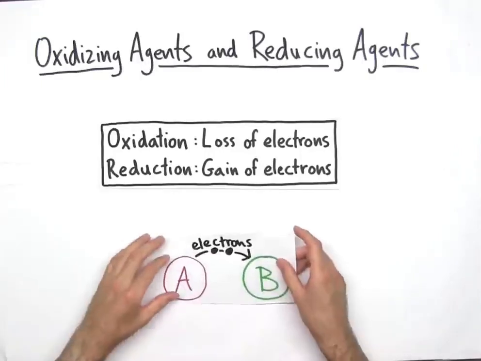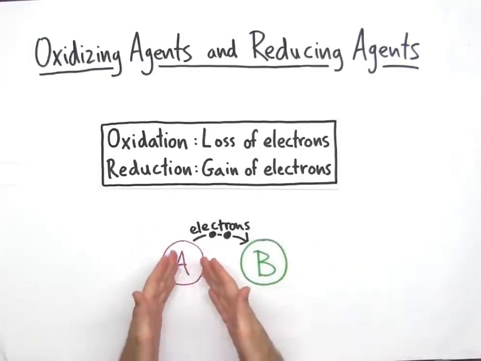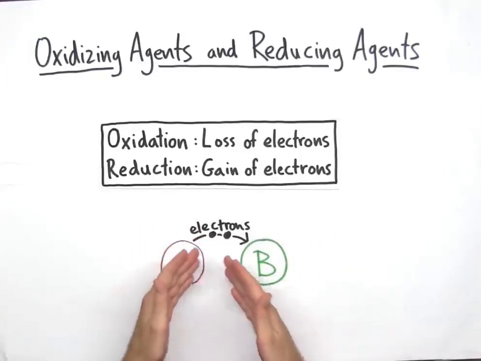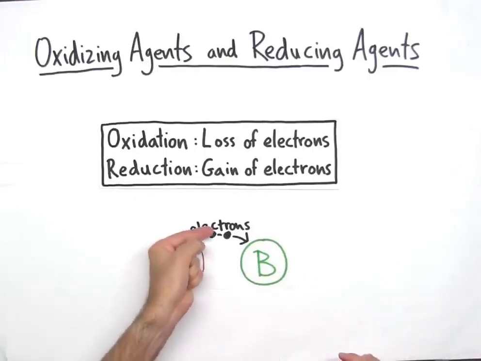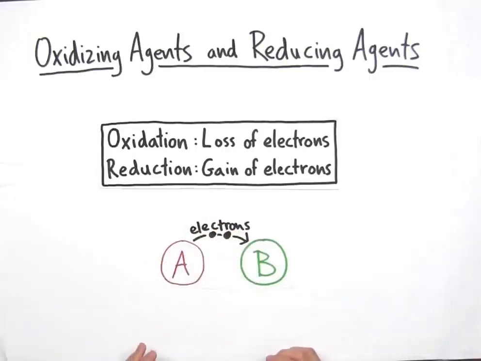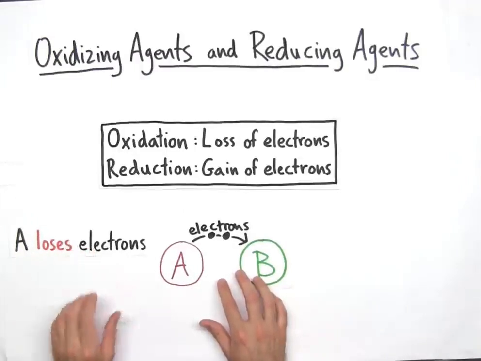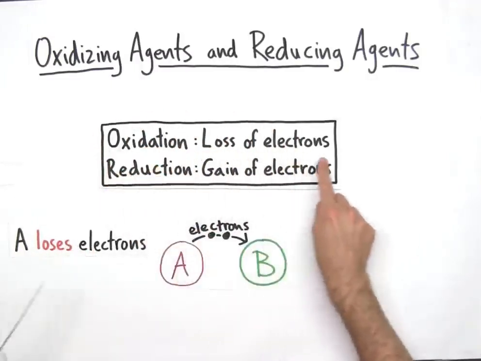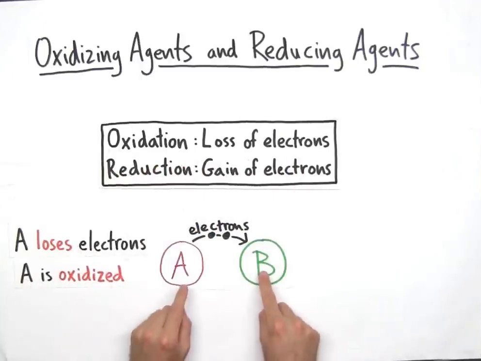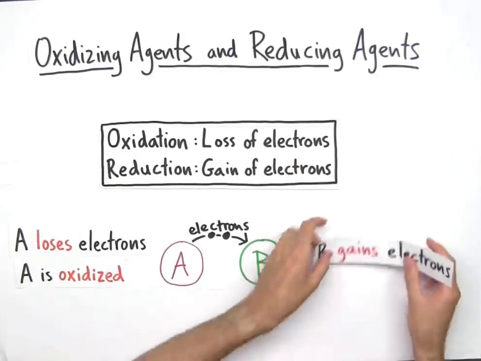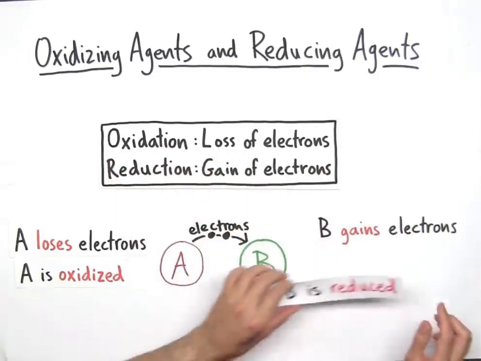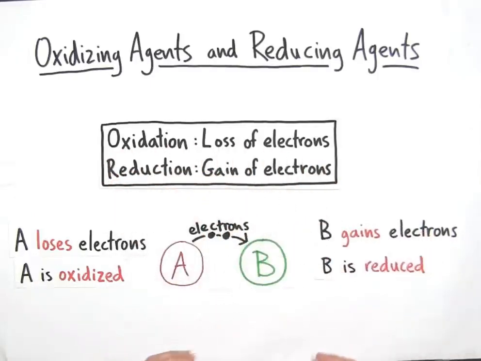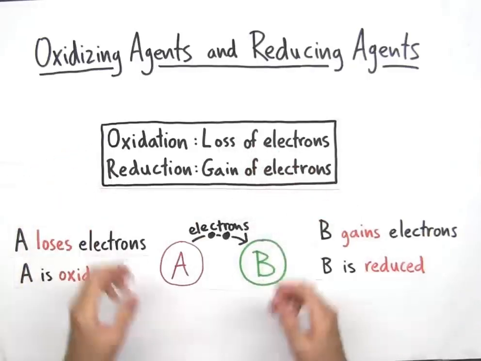I got a diagram here, and we've got two things, A and B. Maybe they're atoms, maybe they're compounds, and there are electrons moving from A to B. A here is losing electrons, which means that A is being oxidized. B over here is gaining electrons, which means that B is being reduced. So that's oxidation and reduction.